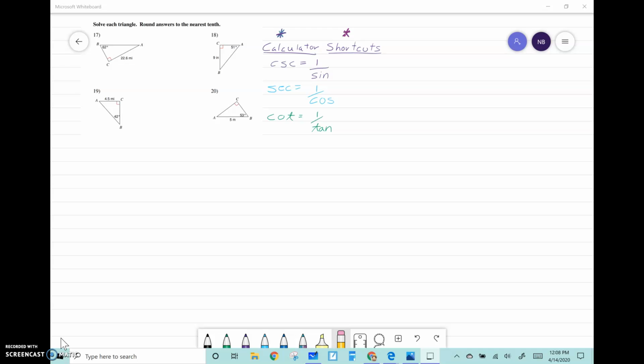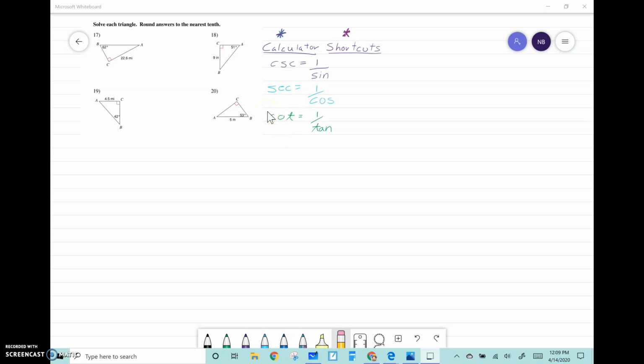We're going to spend a couple days just doing a quick review since we haven't been in session for about a week and a day, and cover what we've been doing the past couple weeks. I put up some calculator shortcuts, and this will make life a little bit easier because we don't always want to use the Pythagorean theorem.